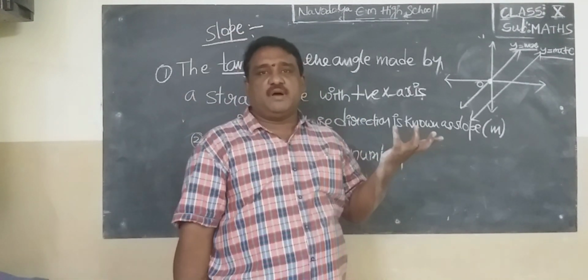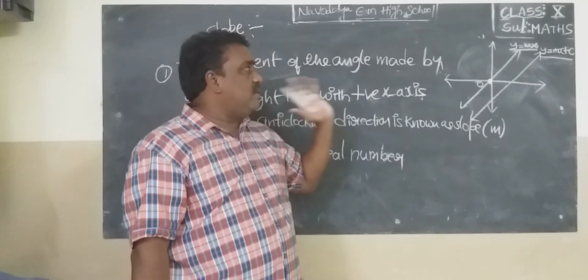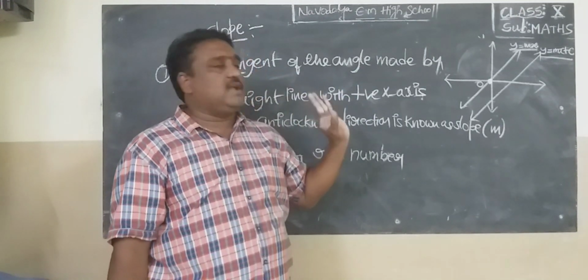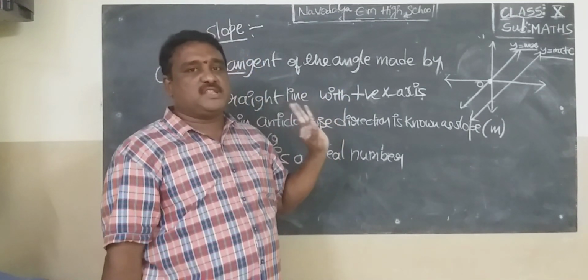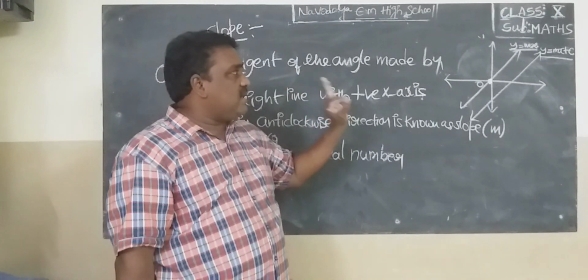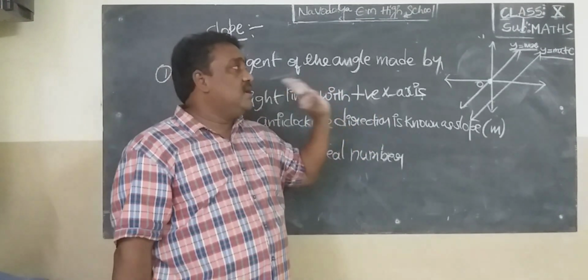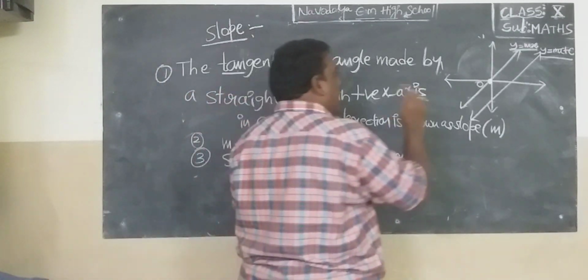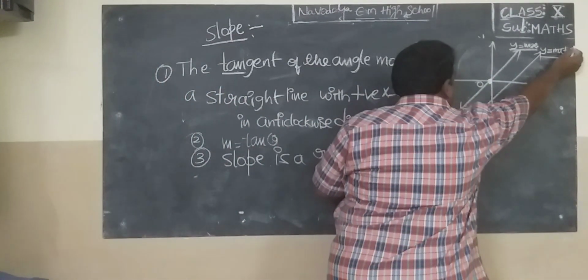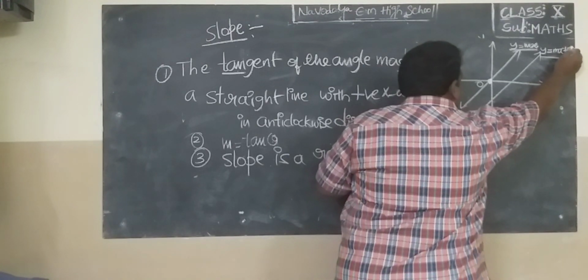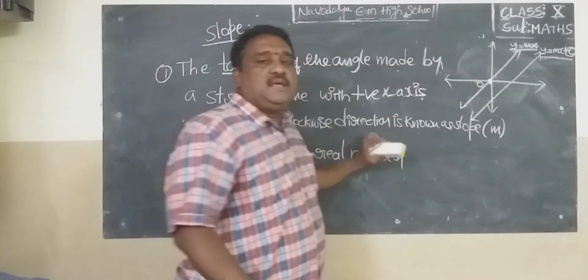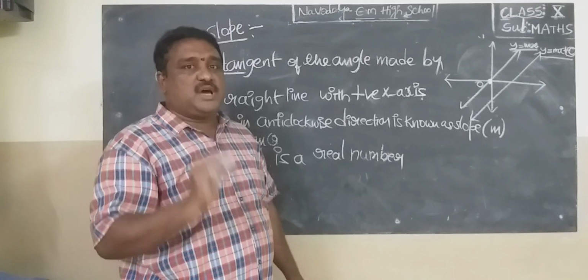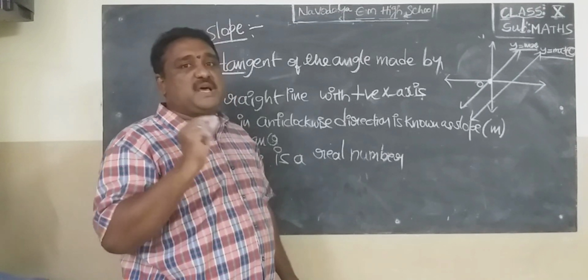Like that, many forms are there, but here two forms are important. y equal to mx passes through origin. y equal to mx plus c does not pass through origin, because of the constant c. The first line passes through origin.